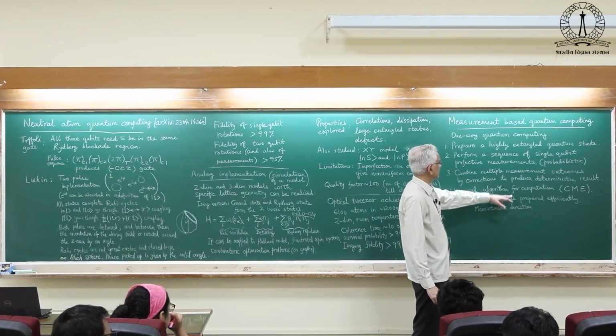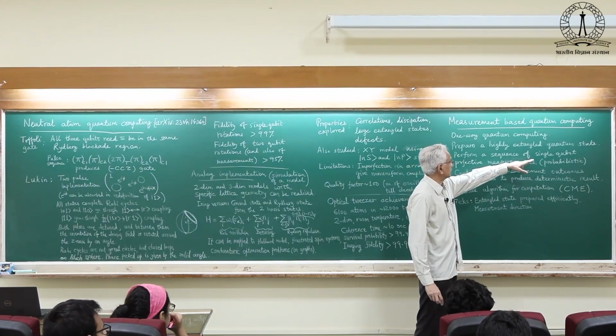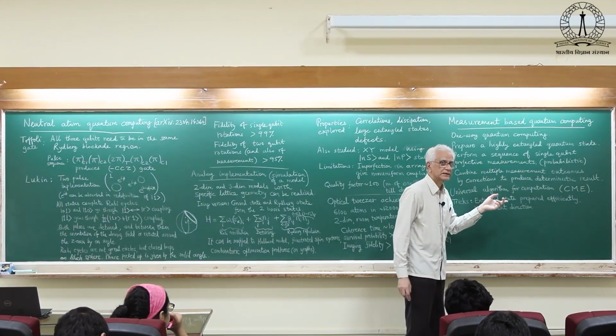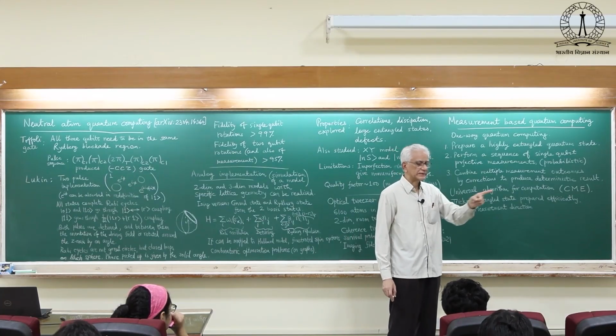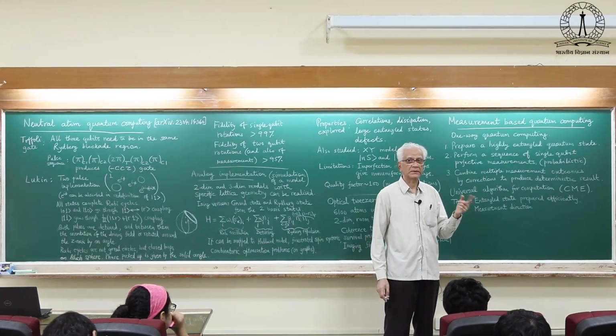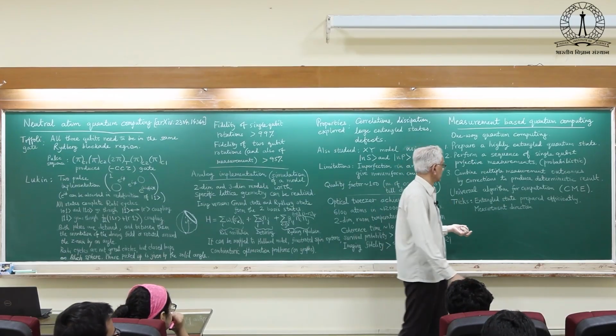Measurement direction refers to the fact that I am just going to perform a single-qubit projective measurement, but projection along what direction, that I am allowed to choose.